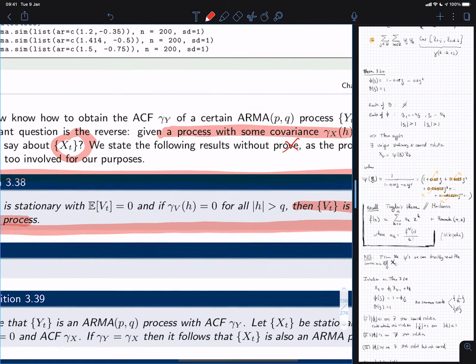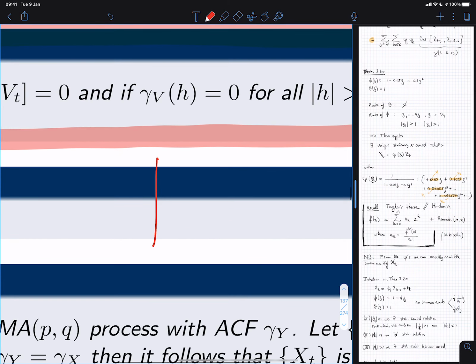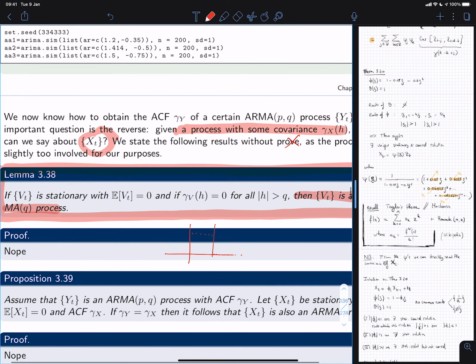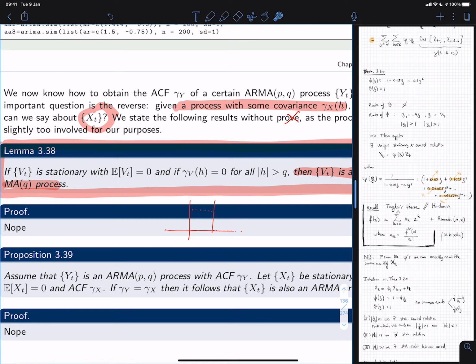So that's very important, because it means that if you're looking at the autocovariance of your process and you see it's something and then poof, it drops to 0, the only way for this to be the case is that your process be a moving average of order q.